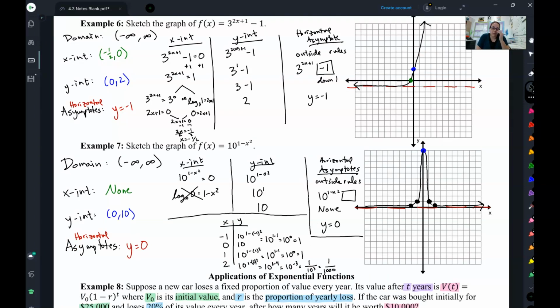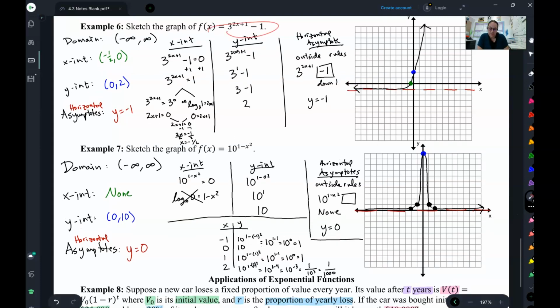So last thing we want to talk about today is why this graph is not looking like our hockey stick shape, because the last graph did. This one looked like a hockey stick, so why doesn't this one? If you look at it for a second, you'll notice really quickly what's in the exponent. Here I have an x squared in the exponent. Here I just have a 2x.